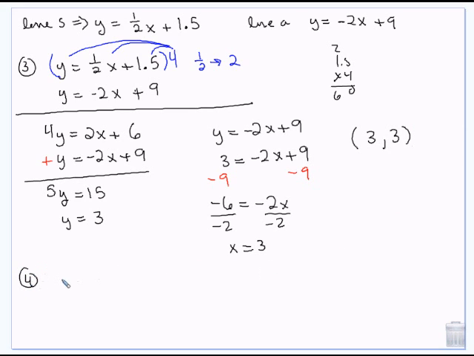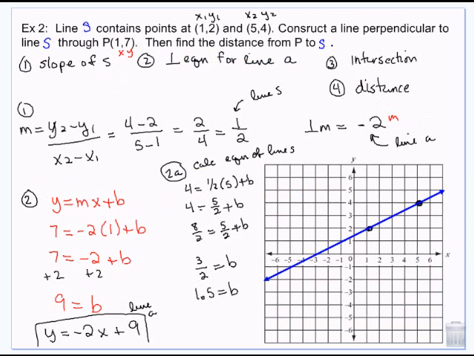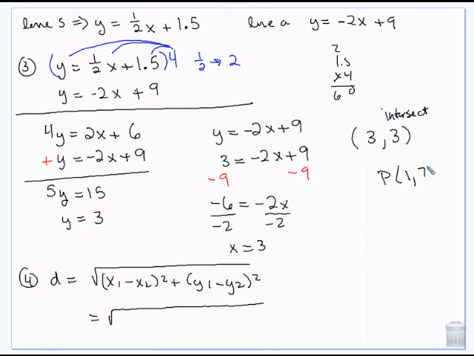And then my last step is to find the distance, using this point of intersection and point P, which was 1, 7. Okay.